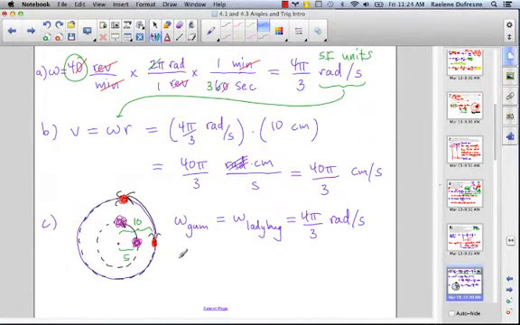However, the linear speed of the gum is going to be different from the linear speed of the ladybug because the gum is going to travel a smaller circumference or a smaller arc length in the same time frame as the ladybug. So if we take a look at the ladybug's distance in a certain time frame, this might be at time 0. This is time 0, and this is some later amount of time. In that time frame, they have traveled the same angle, but the arc length of the ladybug is much bigger than the arc length of the gum.